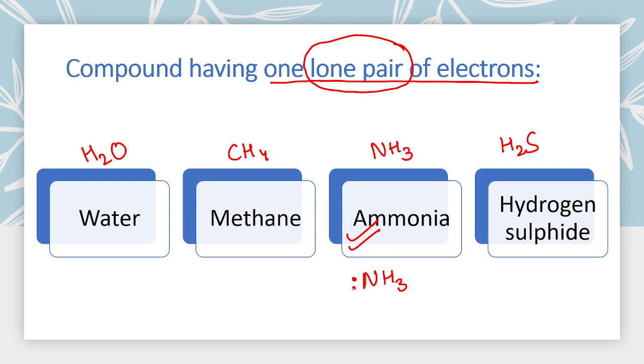Here nitrogen has one lone pair. Nitrogen has 1, 2, 3, 4, 5 electrons, and three of them are bonded with one hydrogen each. So you can see nitrogen is bonded with three hydrogens, and there is one lone pair of electrons. So ammonia is the correct answer.